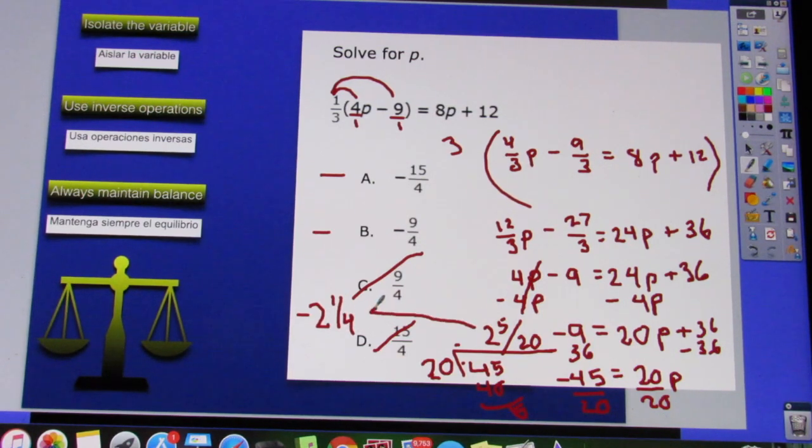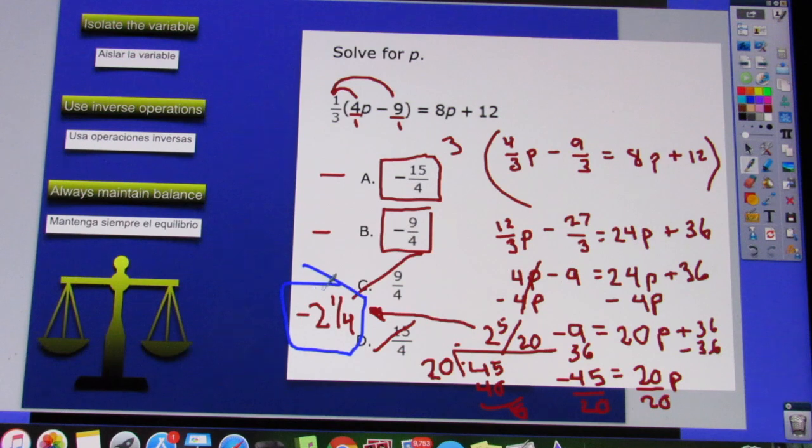That's what that translates to. So we have to decide if that's this one or this one, and we'll finally have the right answer. Again, just grab your calculator. 15 divided by 4 is going to be 3 3/4. Use your calculator here, you'll get 2.25, which of course is the same as 2 and 1/4.